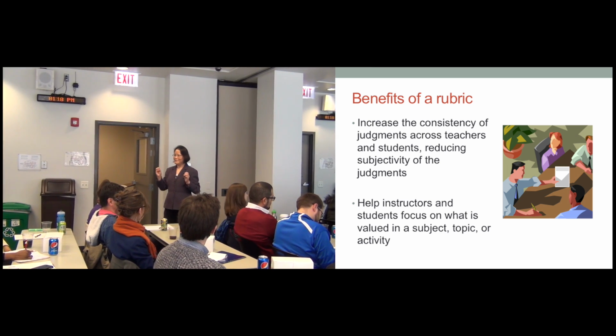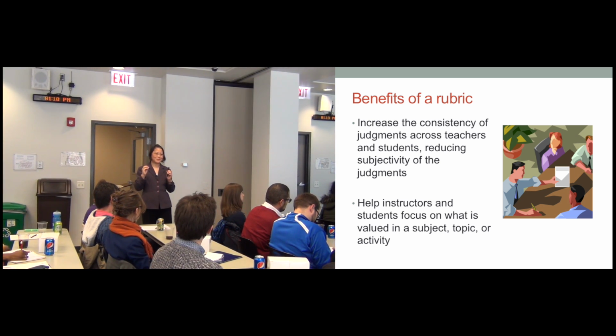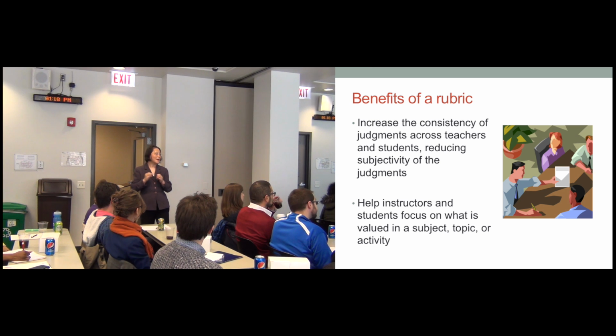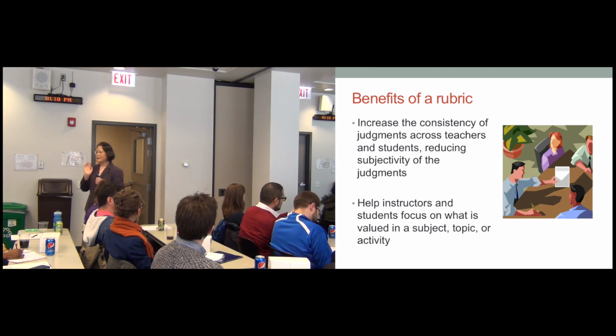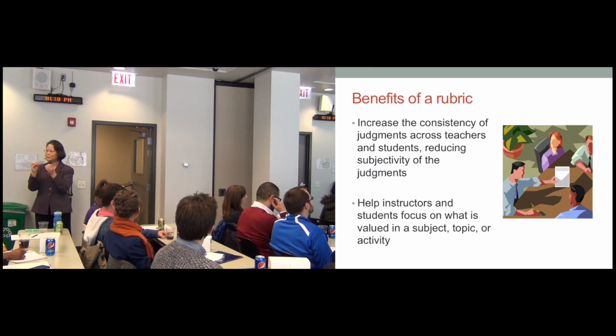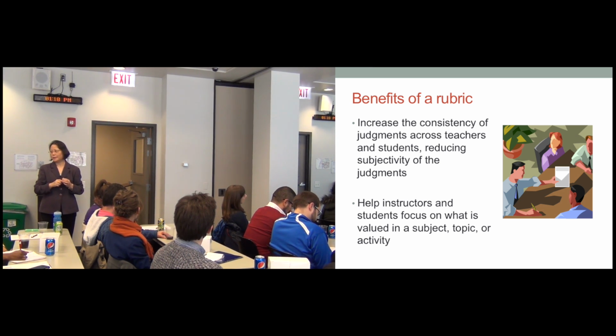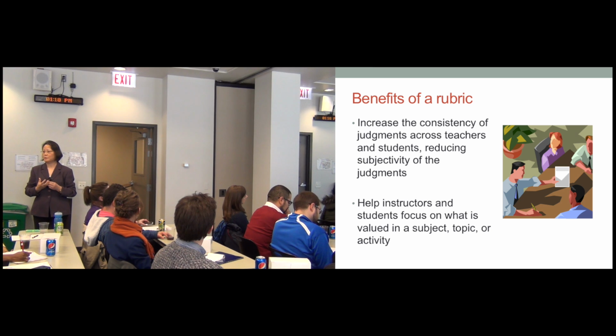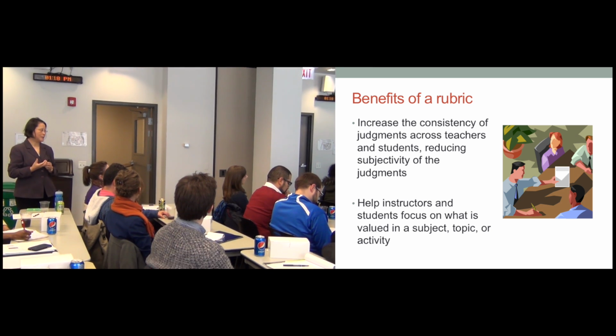Sometimes these kinds of factors count towards your grading. With a rubric, you can disregard all other factors and just focus on their academic performance. Based on the rubric, you provide the scoring results. So the rubric can help reduce subjectivity and increase reliability.